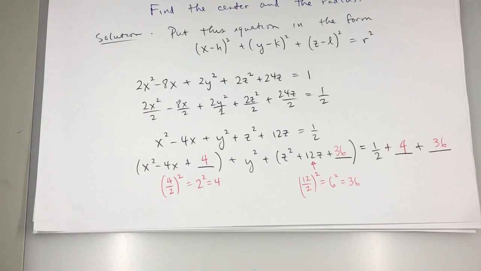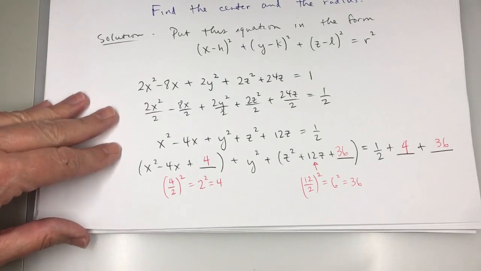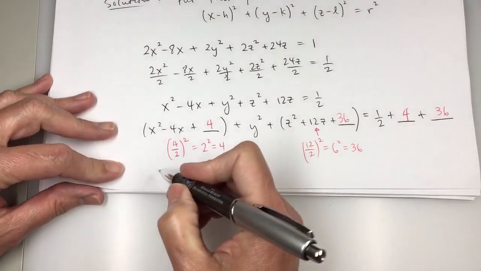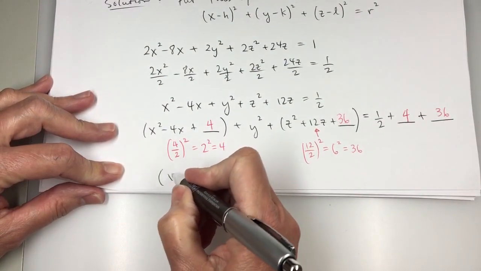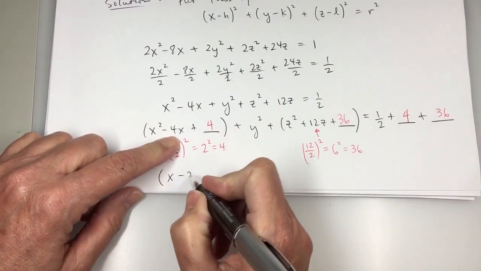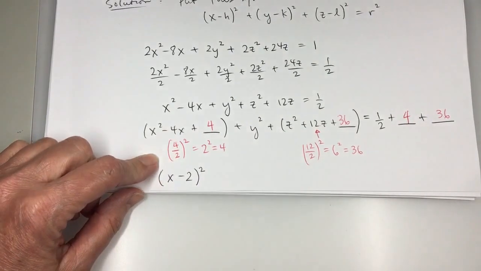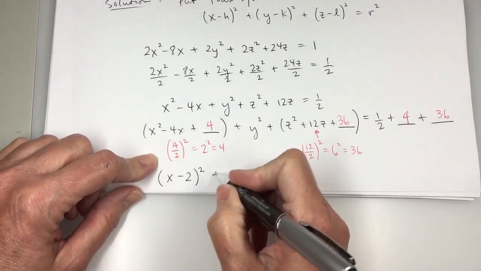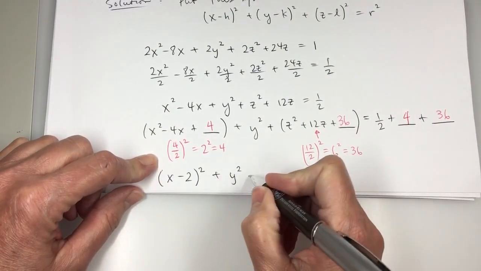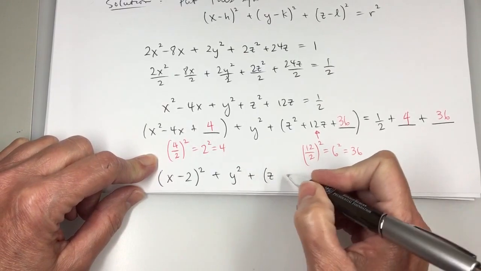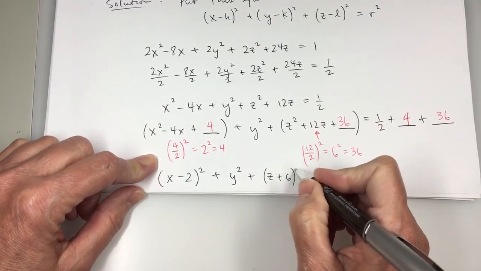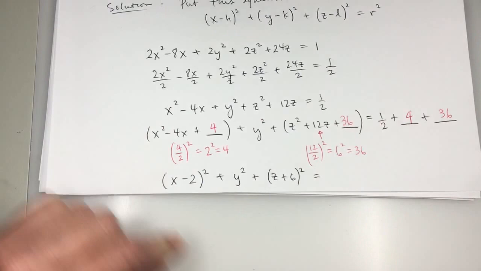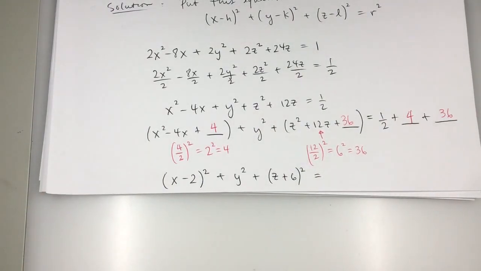And now I can factor. This will be x minus 2 squared plus y squared plus z plus 6 squared. Now 4 plus 36, that's 40.